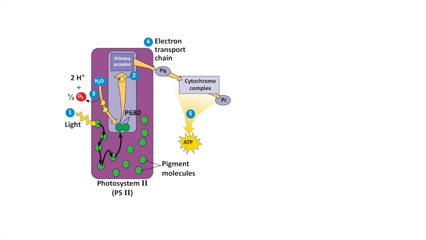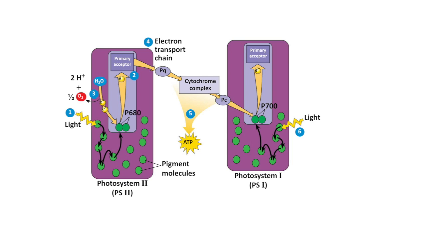So passing the electrons along a series of multi-protein complexes, not the same as the ones in respiration, but similar to them. And then we get to photosystem 1.